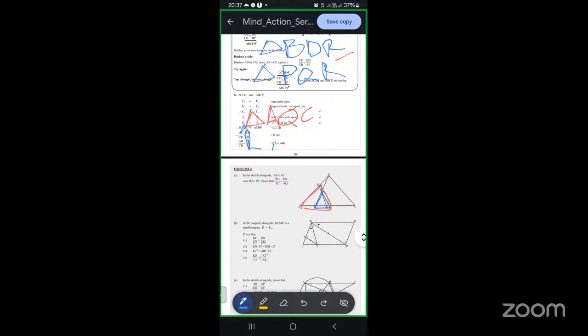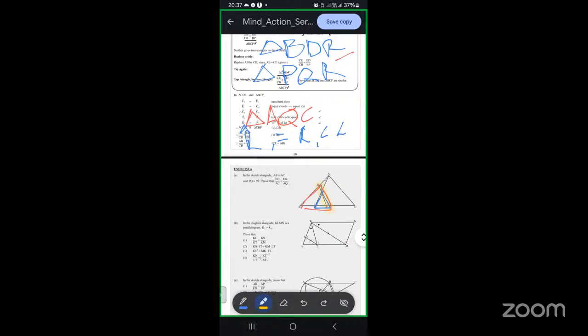R1 is equal to R1, this is a common angle. That's our first statement and the first reason. So now we are left with two statements and two reasons. DR is a common line. I actually didn't hear well. You are saying which one is a common line? DR, sir. DR is this one, the common line here, right? Yes, sir.